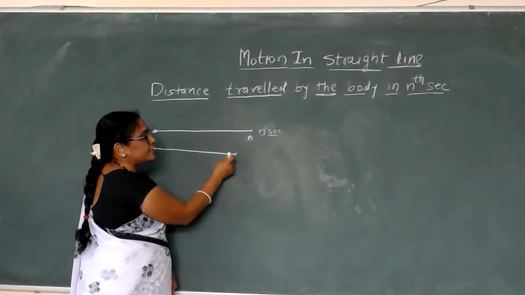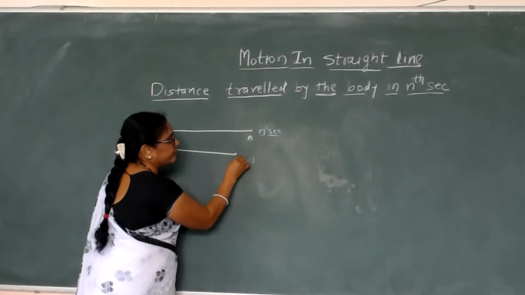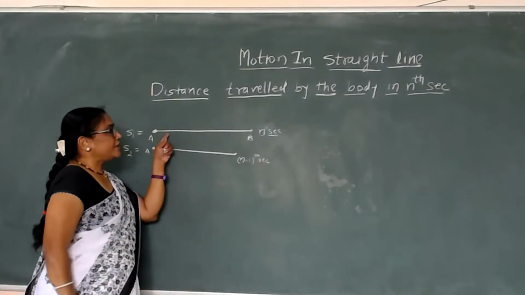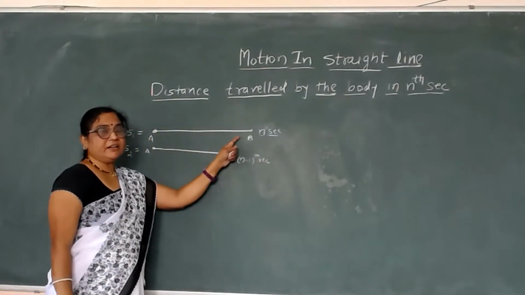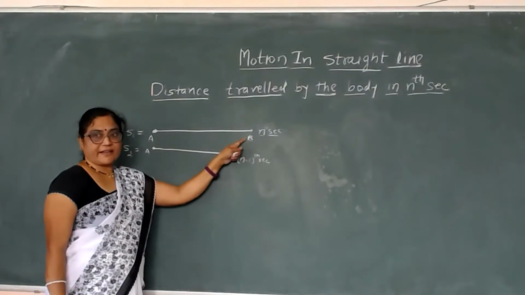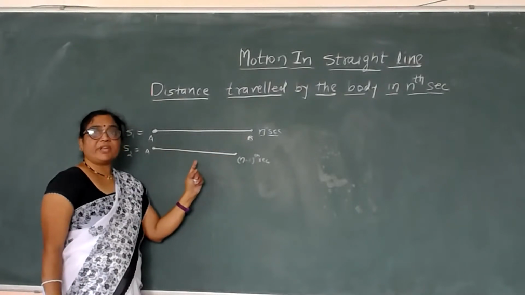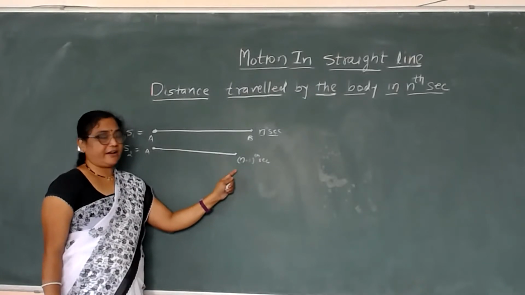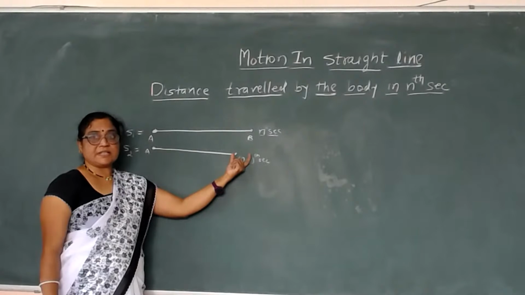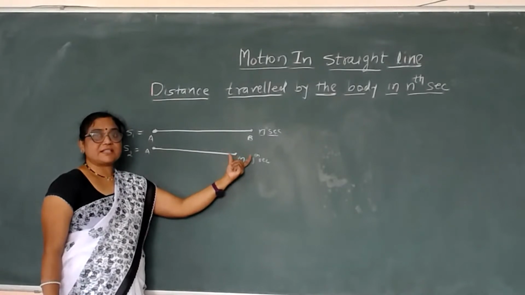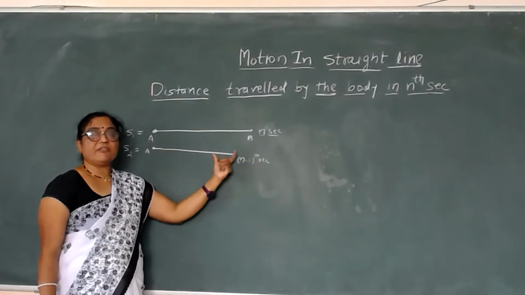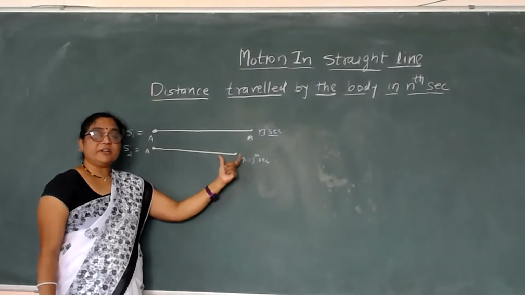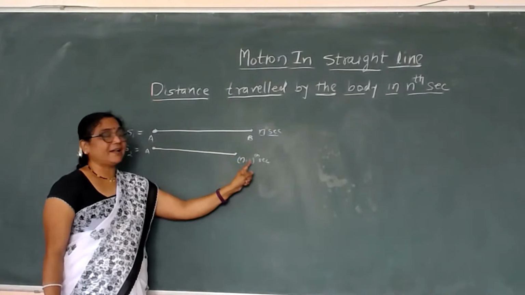Otherwise, this time, the last 1 second means it is considered to be n minus 1 second. N minus 1 second means here the distance traveled by the body in the n minus 1 second. What is the distance covered by the body in the last second? Here we want to find the distance covered by the body in the last second.